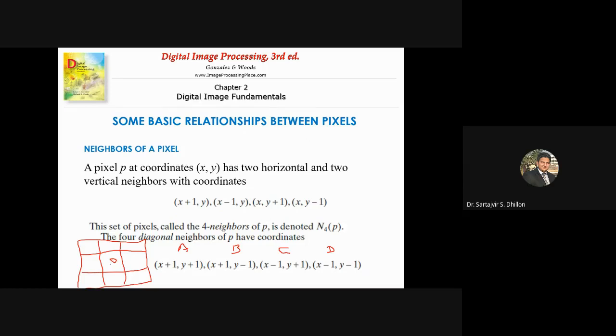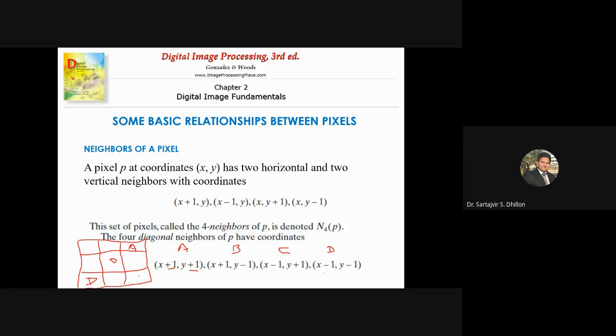Now, in this case, if we have to assume it for this point, there is definitely x minus 1 as well as y minus 1. So the D is existing over here, representing the coordinates x minus 1 and y minus 1. And here we are talking about this one, the A, where the x is adding and the y is also adding.